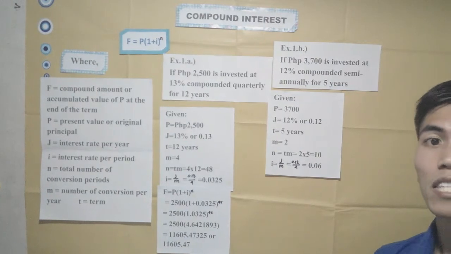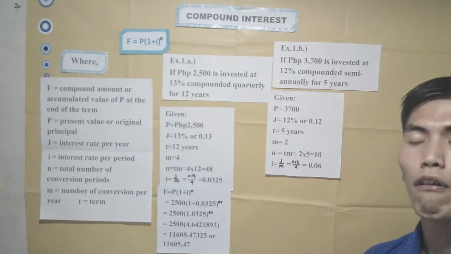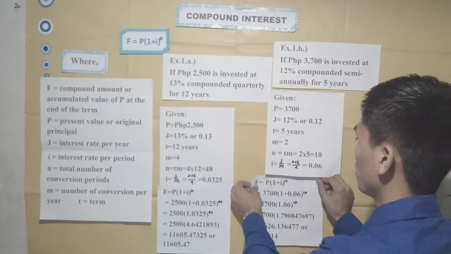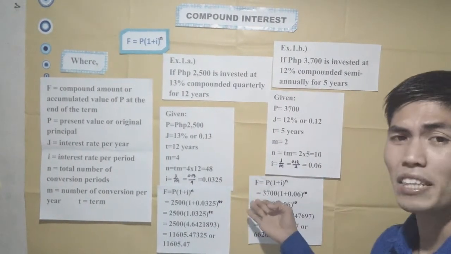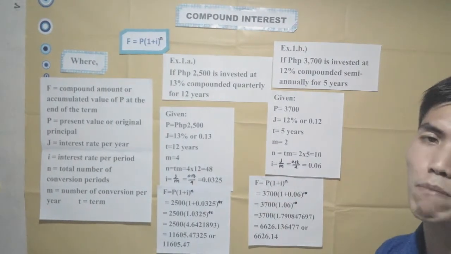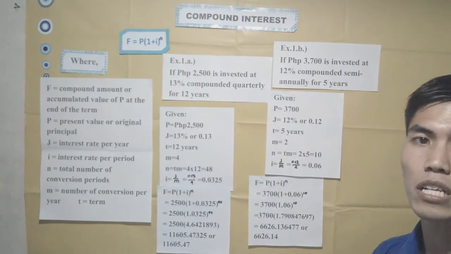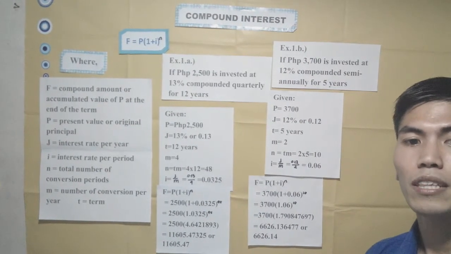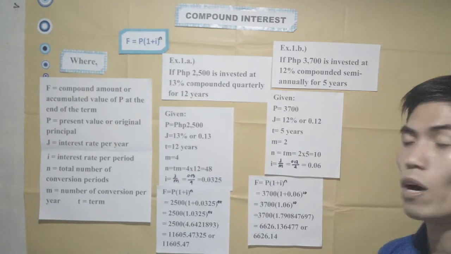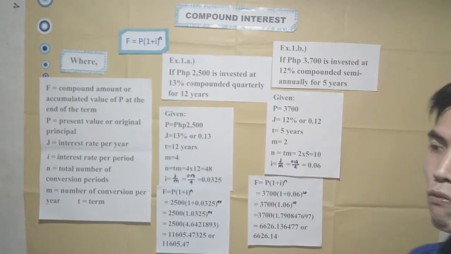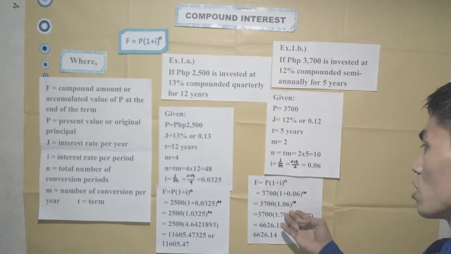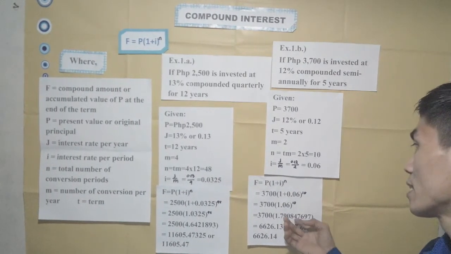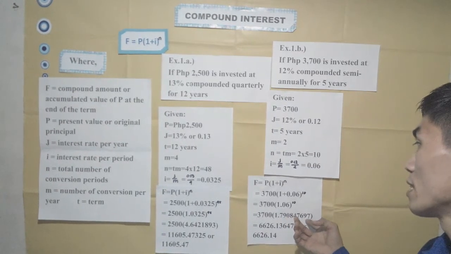Let's substitute the given values. 3,700 times 1 plus 0.06 raised to the power of 10 is equal to 3,700 times 1.06 raised to the power of 10, and 1.06 raised to the power of 10 is equal to 1.790847697.